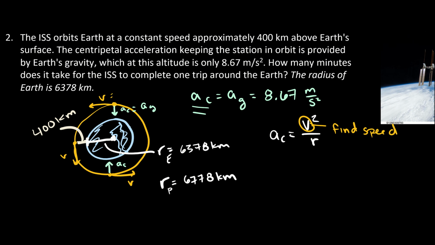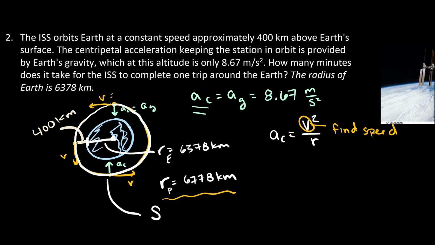Okay, if I can find the speed, I actually can find the time because I know the radius of the circular path of the satellite around the Earth. I can use the fact that the distance around this path is just the circumference of a circle, right?